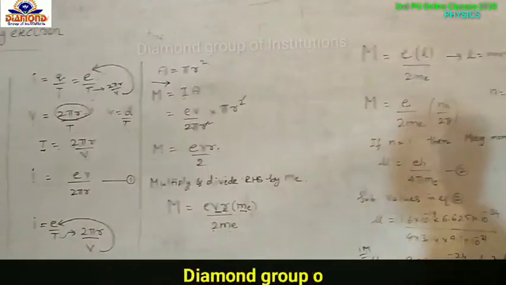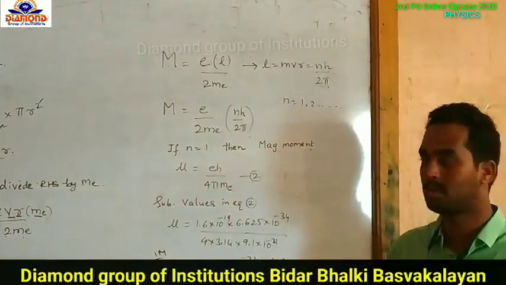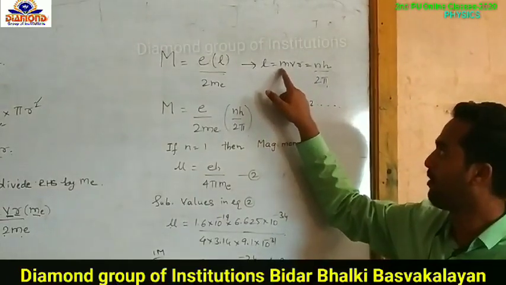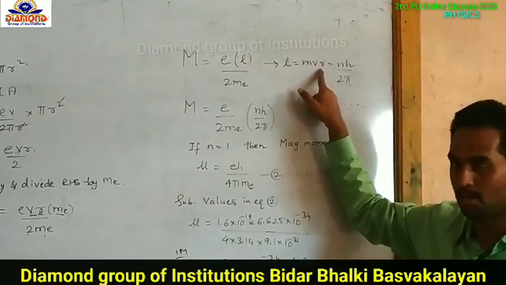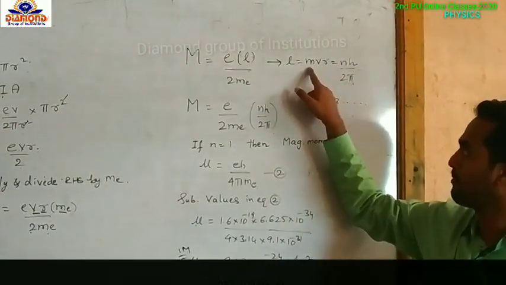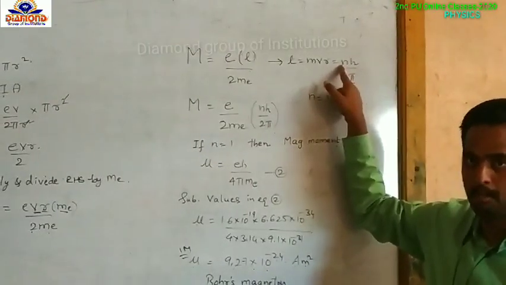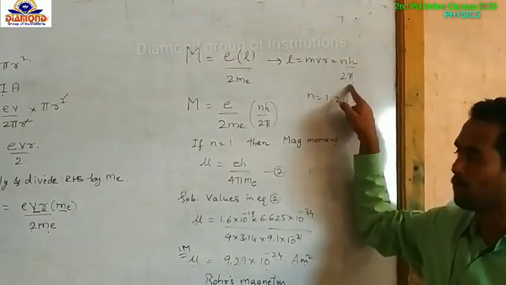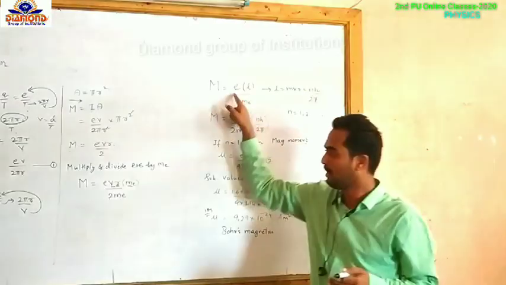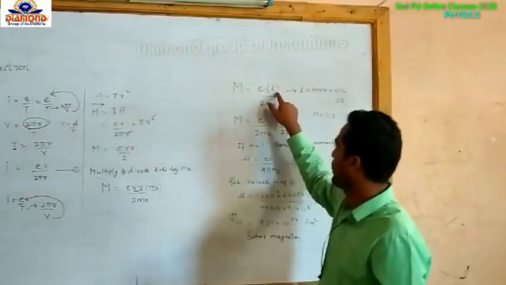Then Bohr's postulate states that according to Bohr, the angular momentum of an electron is equal to an integral multiple of h by 2 pi. Angular momentum value is how much? mvr equal to n, an integral multiple, into h by 2 pi. So here mvr we are removing and we are writing L here.